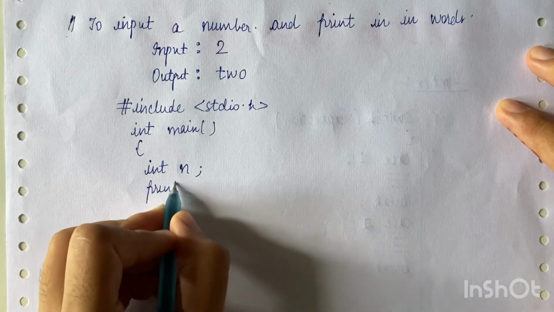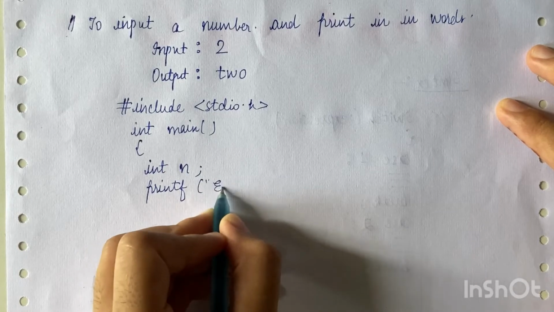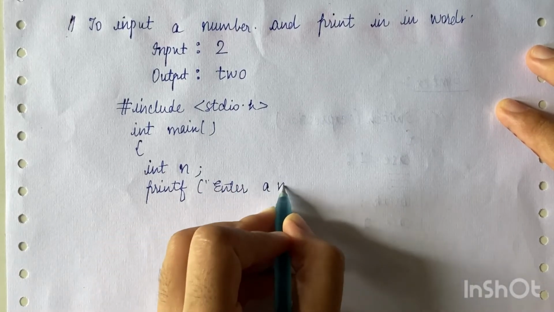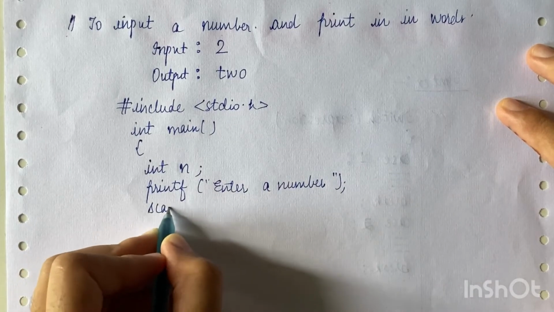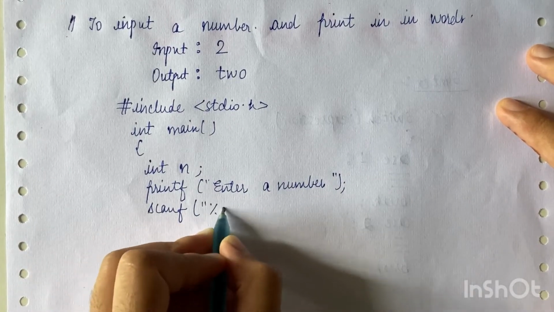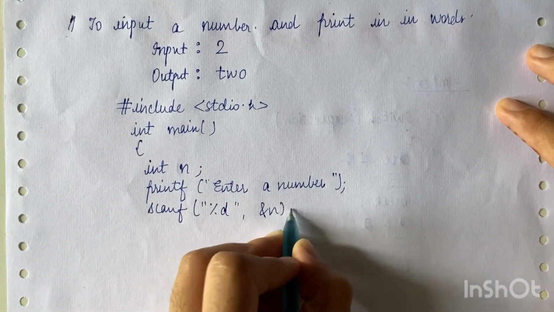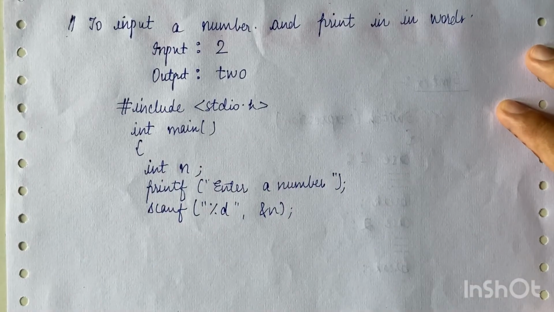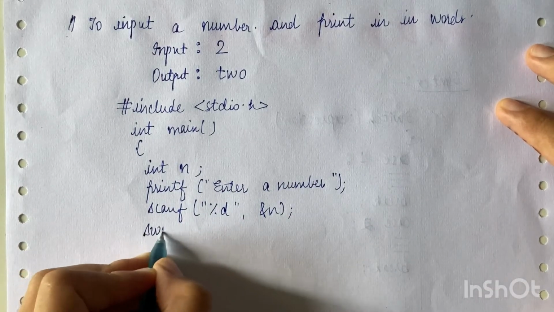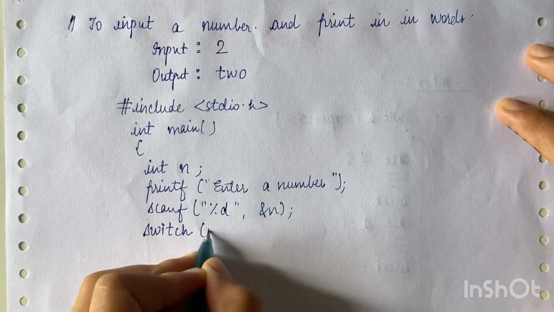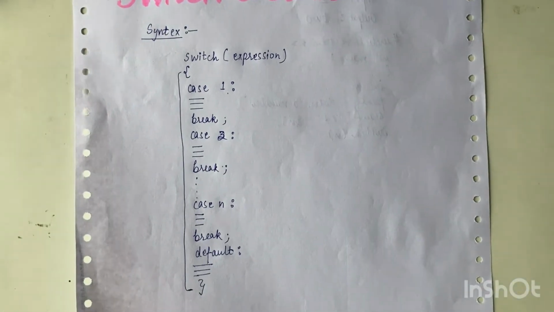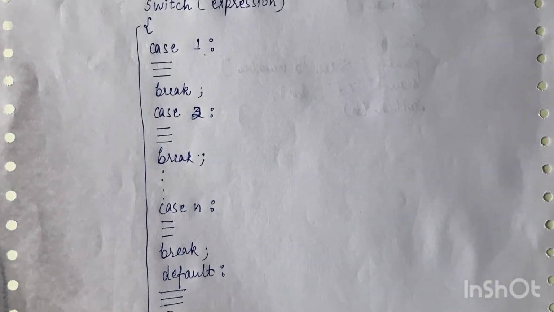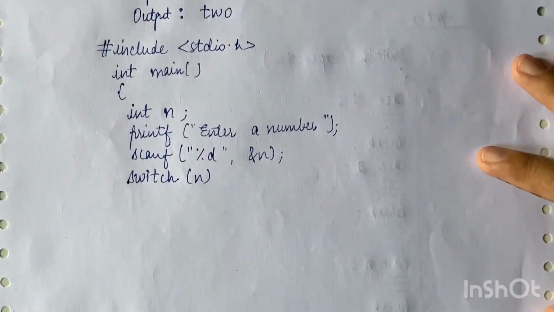So printf will give the message on the screen to the user to enter a number, and we will scan the value, that is %d and n, right? Then we will use switch n, right? We're starting to write the code using this syntax. So I've written here switch n.